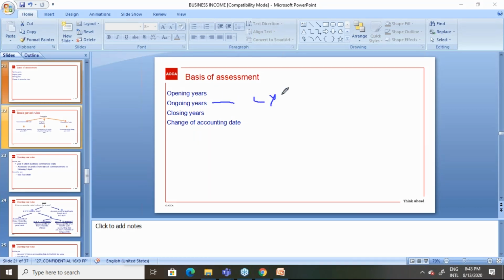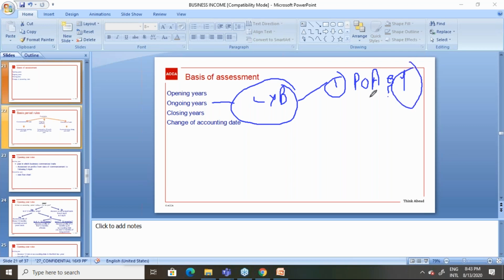What is this current year basis? There you ask two questions. First question, is there a period of account ending in the tax year? If the answer is yes, then you ask the next question, how long is the period of account?